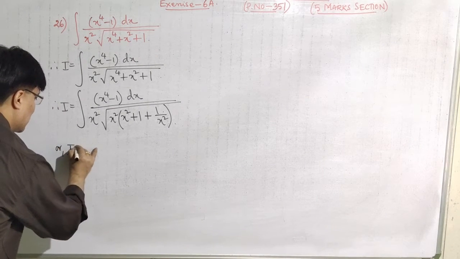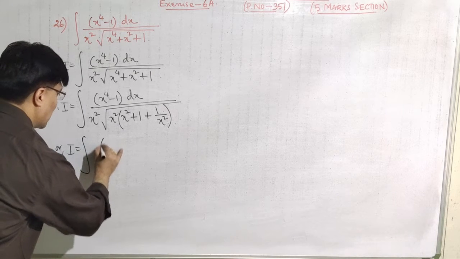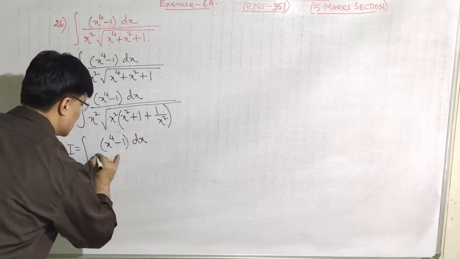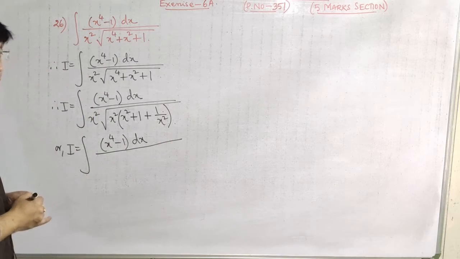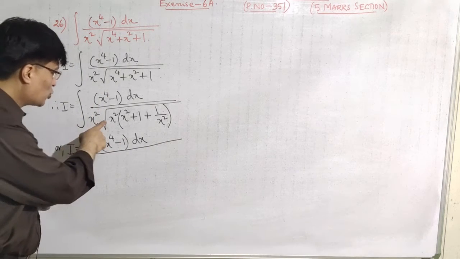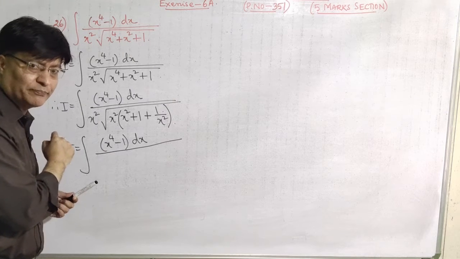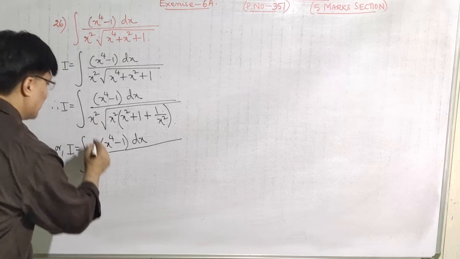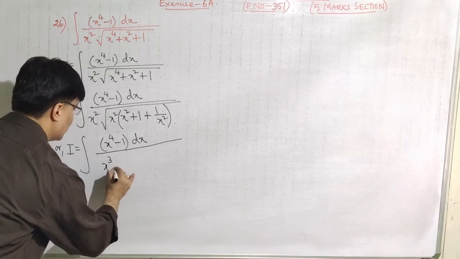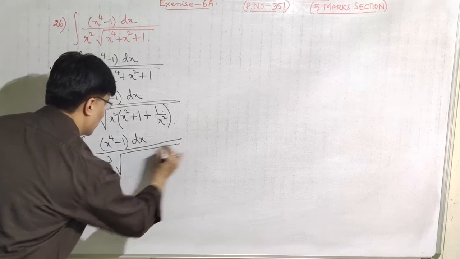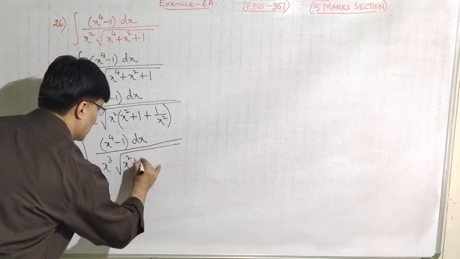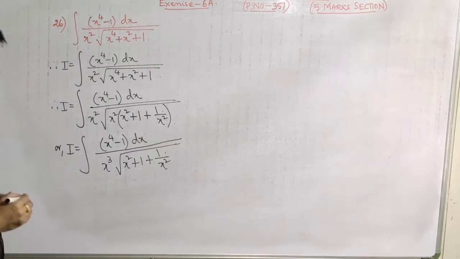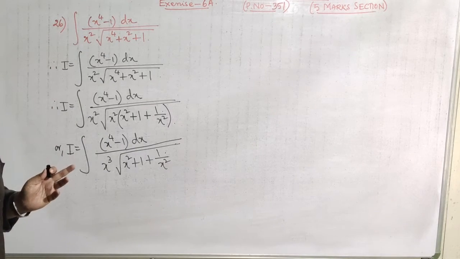So or I is equal to integration of, now this is x to the power 4 minus 1 dx divided by, now since here square root of x square is common here, what is square root of x square? It is x and it is multiplied by x square, so it is x cube, and this is root over x square plus 1 upon x square. So I think you have understood it.